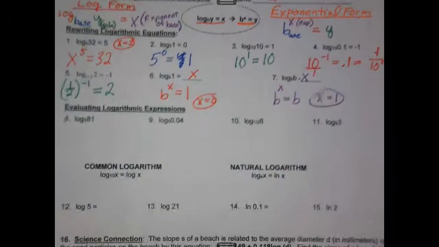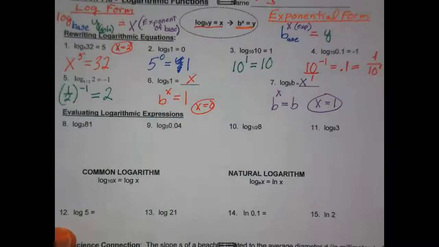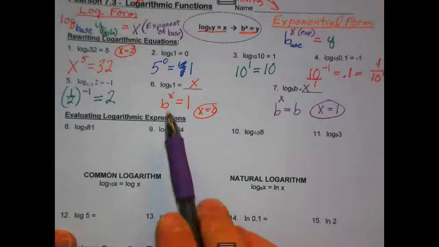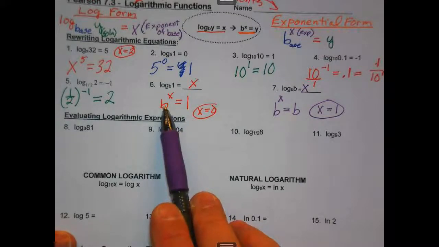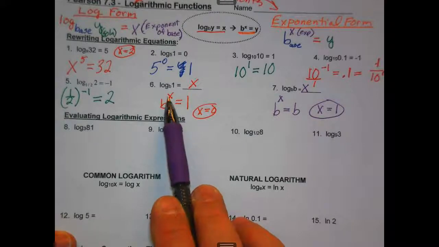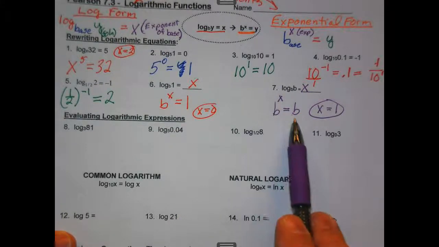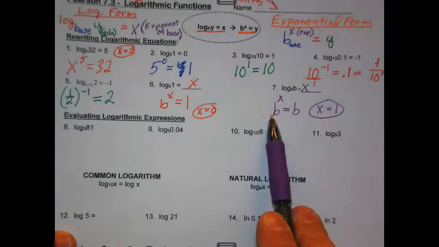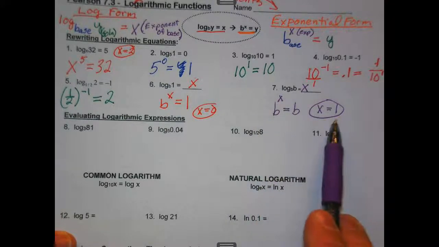Okay, now number 6: what does B to the X equal? 1. How do I make any power equal to 1? It has to have an exponent of 0. Here, my b equals itself. How do I make any number equal itself? Got to have the exponent of 1.